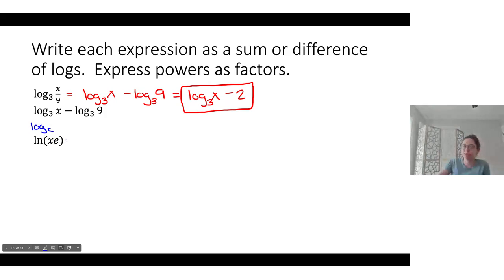So multiplication inside is going to go to addition outside. This is the natural log of x plus the natural log of e. Natural log of e is that special property where the base matches the argument. Remember, again, this is the same thing as log base e of e. So this is equal to the natural log of x plus 1.